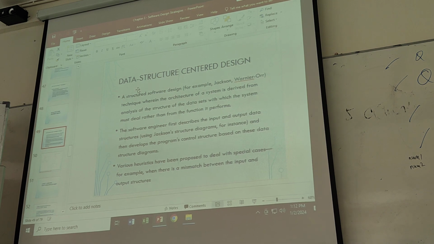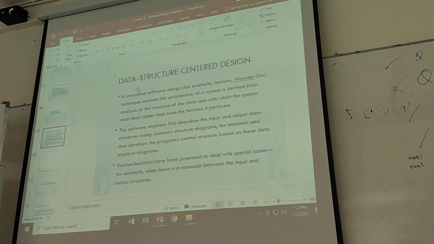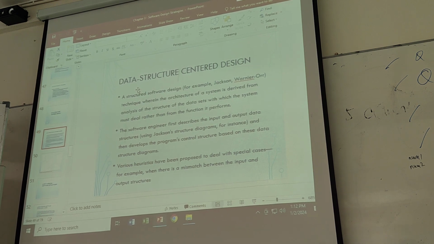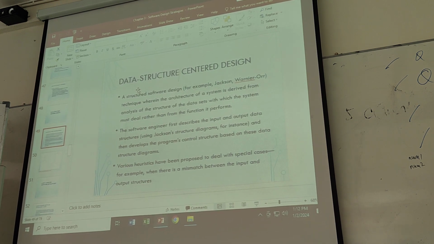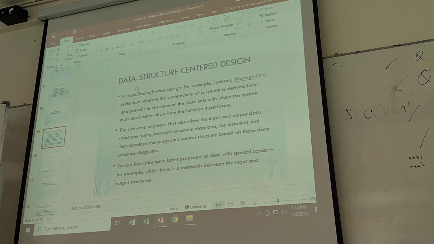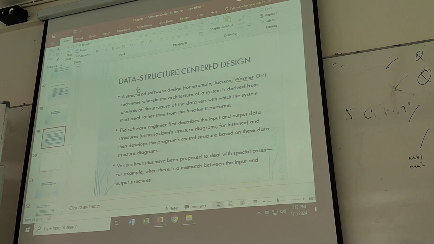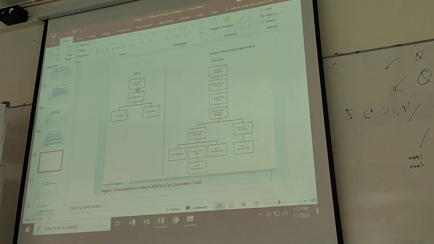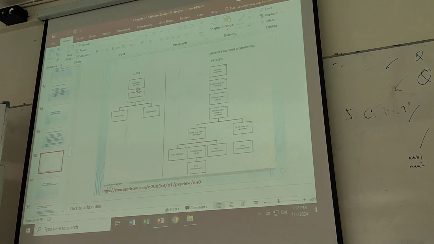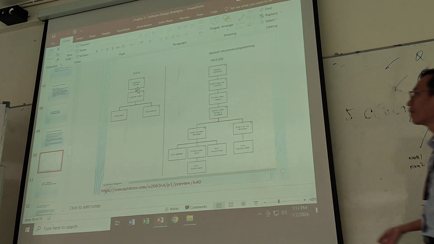This Jackson development was used mainly in very old times, the 1980s, 70s, like that, okay? This is the Jackson diagram.